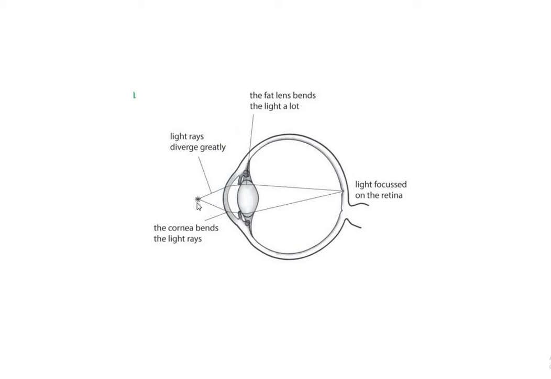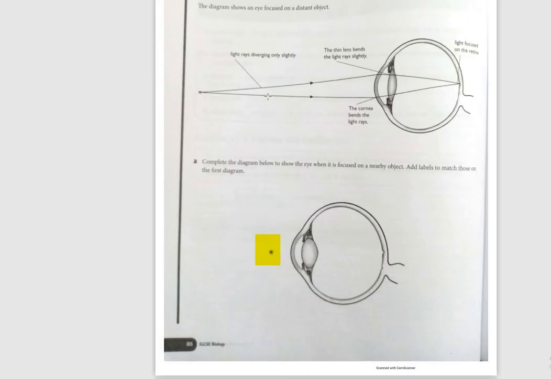As you can see, the lines are being diverged at a much shorter distance compared to the diagram over here.